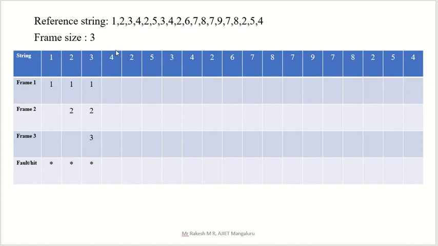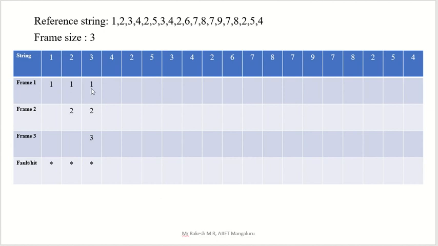Now 4. The CPU is asking for 4. Is page 4 there here? No. Only 1, 2, 3 are there. Required is 4, so we have to replace. For that purpose we use an algorithm called the FIFO replacement algorithm, which decides which of the 3 frames we have to replace. The concept is FIFO.